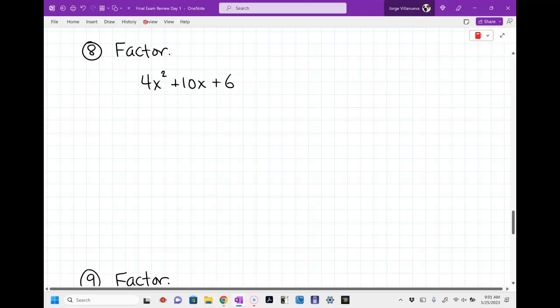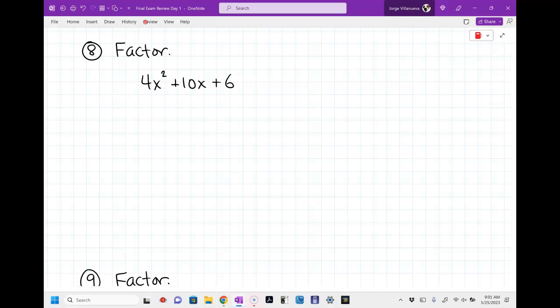So we're going to factor this one. So notice we're not solving, just factor. Now, before you do any type of X method, what's the first step you're supposed to take? Because I can start with the X method immediately, but then I'm going to run into a little tiny issue.